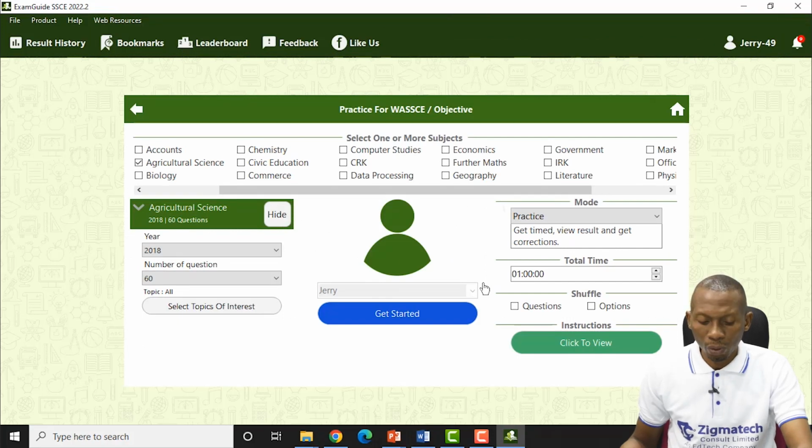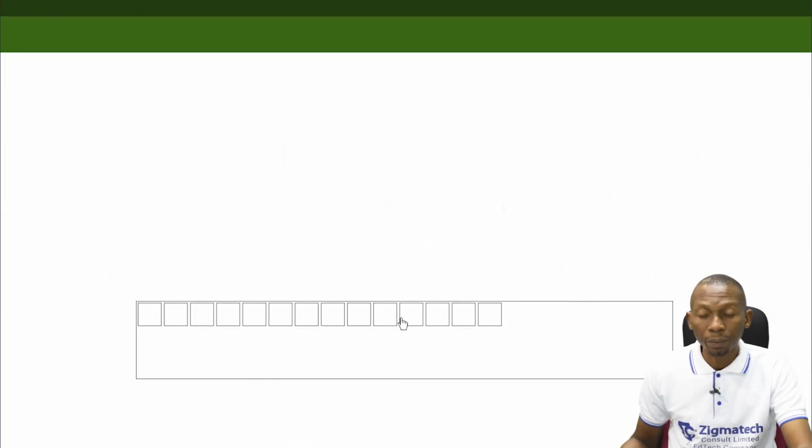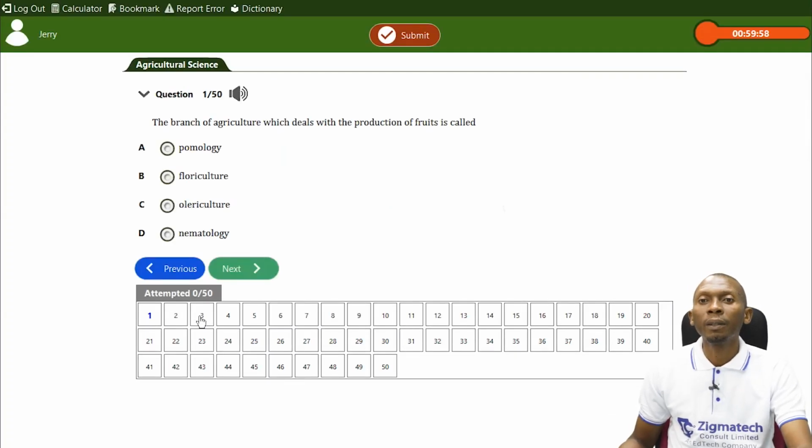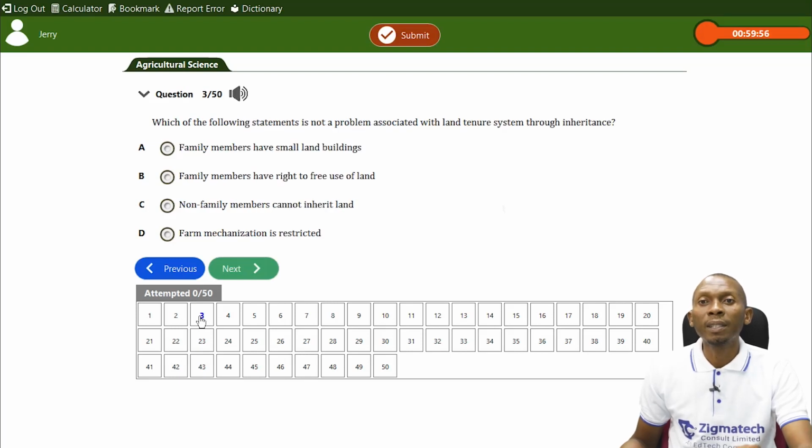Let's go to the year 2017 and answer another question. This question says, which of the following statements is not a problem associated with land tenure system through inheritance? A, family members have small land holdings.